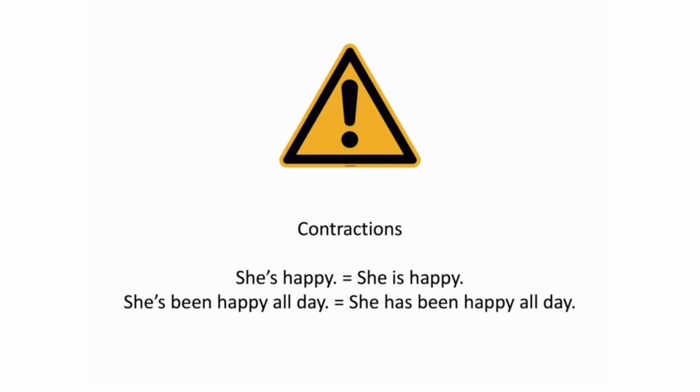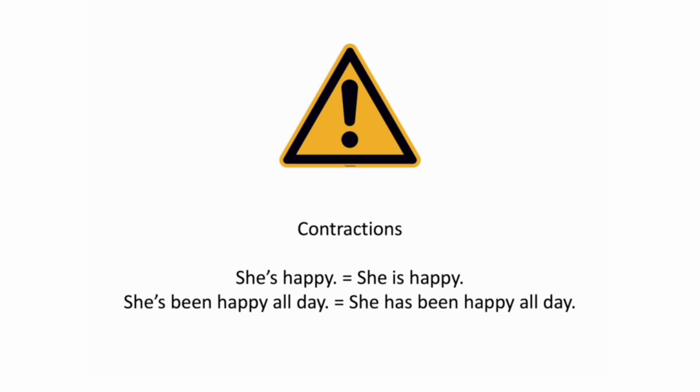Be careful. There are different contractions that can come from different auxiliaries or verbs. For example, she's happy is the contraction of she is happy. She's been happy all day is the contraction of she has been happy all day.